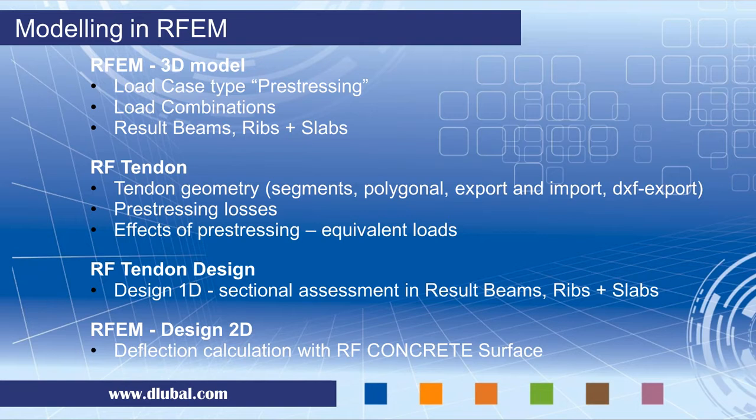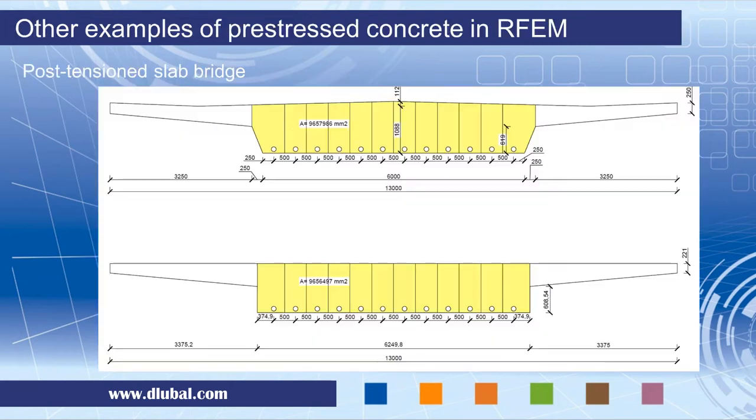And after you have this potential additional reinforcement, additional to the one which we found in result beams, you can also perform this non-linear analysis of 2D structures, of 2D slabs. We definitely will show it during the seminars.